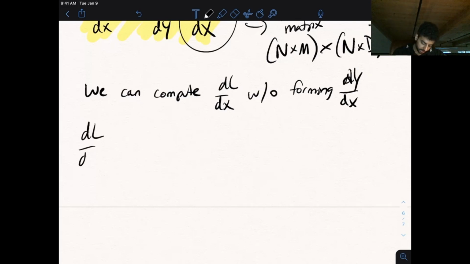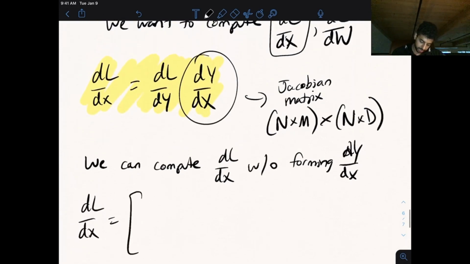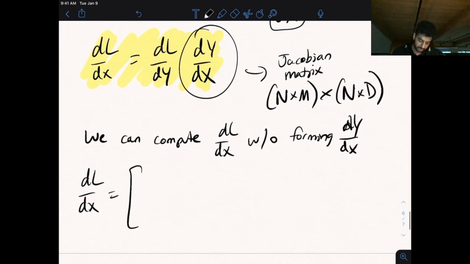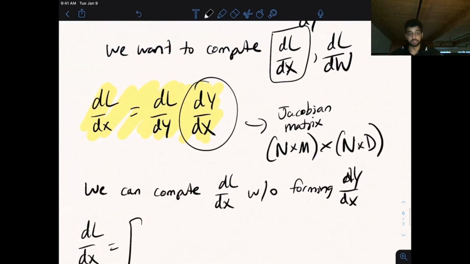So dl dx equals, and remember this is what we want to compute, this is our goal. First of all, the partial derivative of the loss with respect to some parameter is going to have the same dimensionality as that parameter.